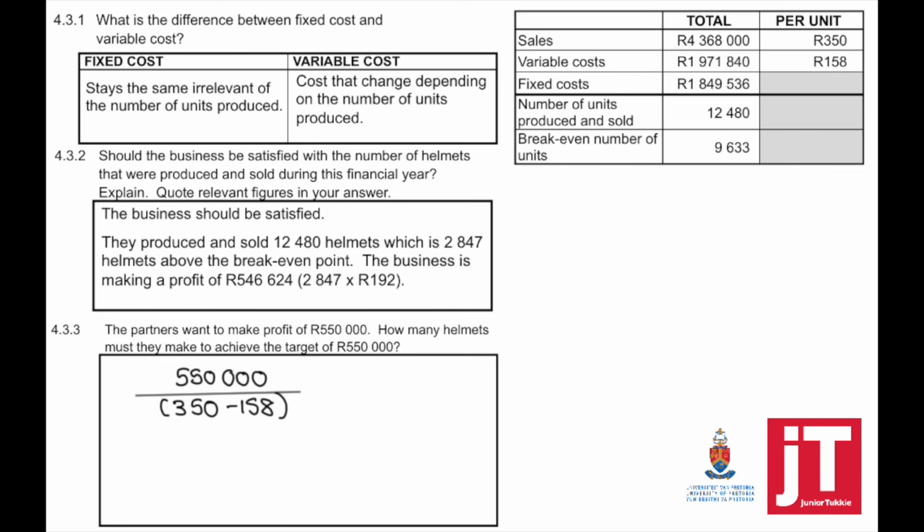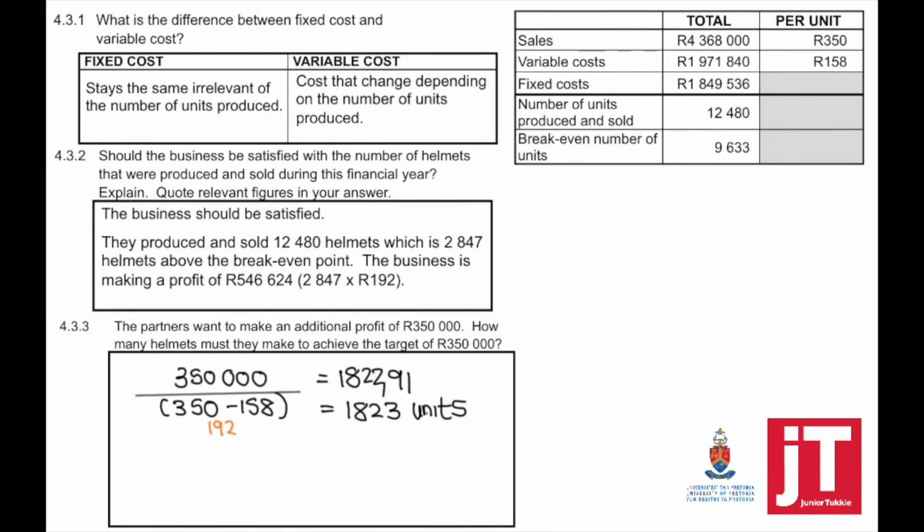To find the contribution per unit, you have to take the selling price per unit minus the variable cost per unit. So 550,000 divided by 192 means that they need to make 2,864.6 units. And if you round it up, that equals 2,865 units. This is the additional units that they want to make.